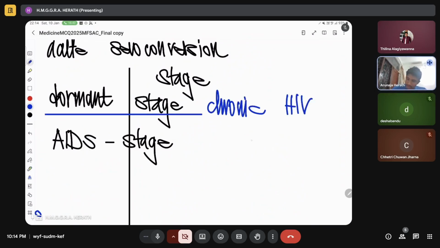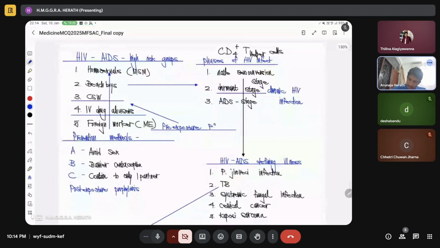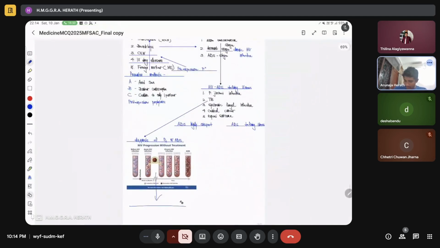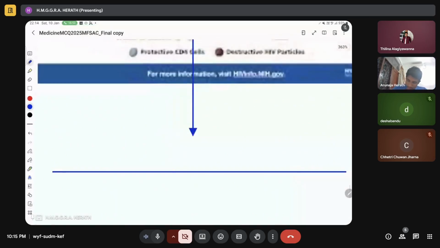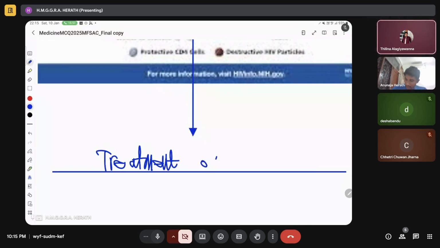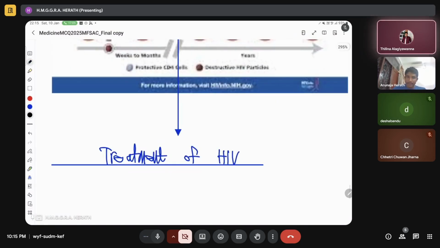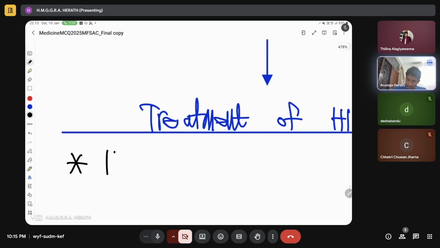So what is the goal of treatment in a patient with HIV? Now diagnosis is this. How do we treat? Treatment of what is antiretroviral therapy? What is the novel treatment modality for antiretroviral therapy? ART therapy. What is that?